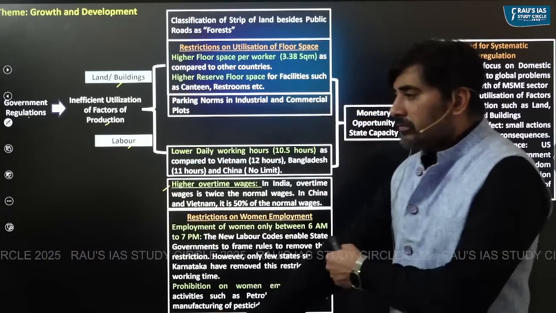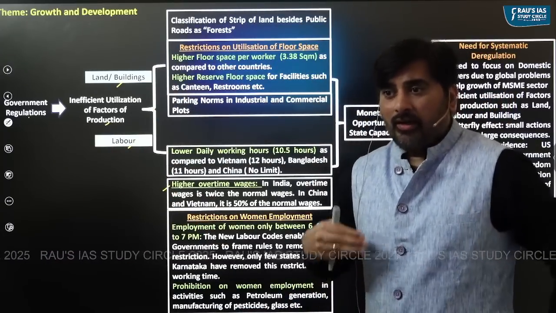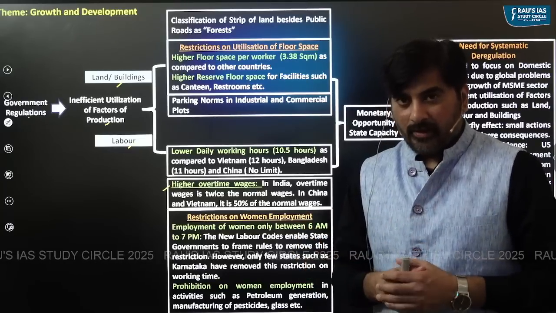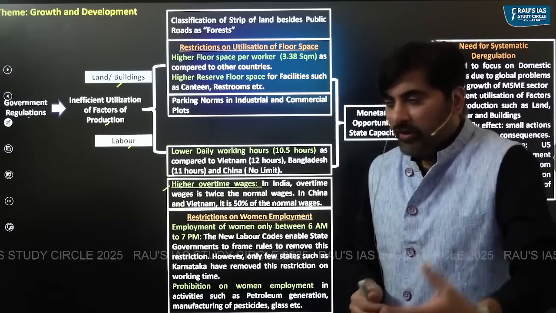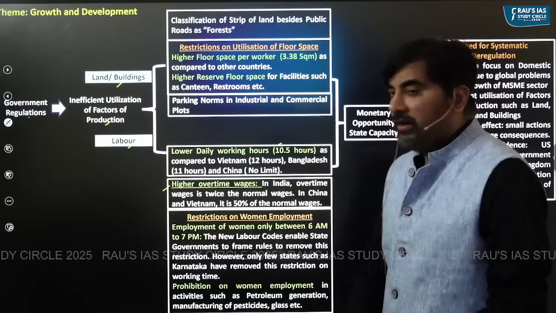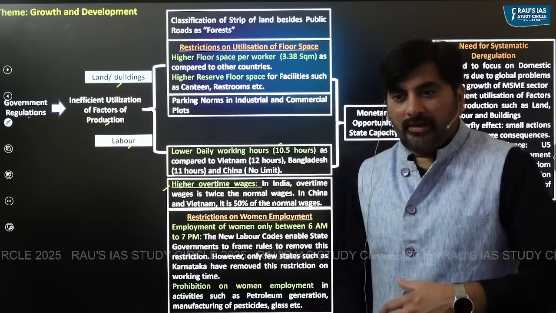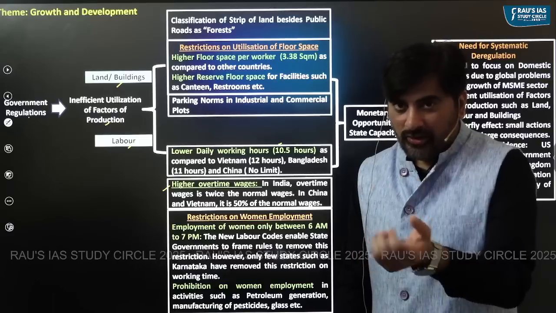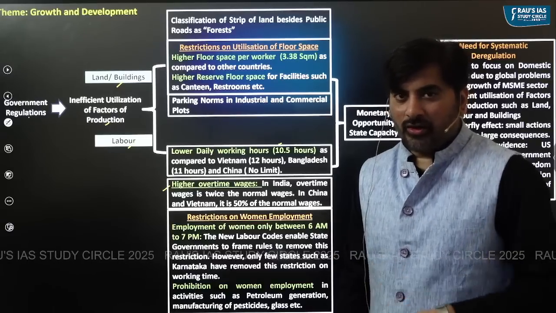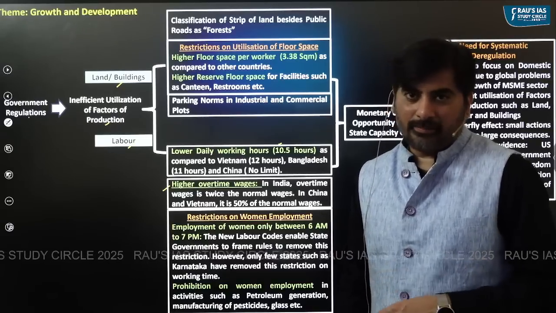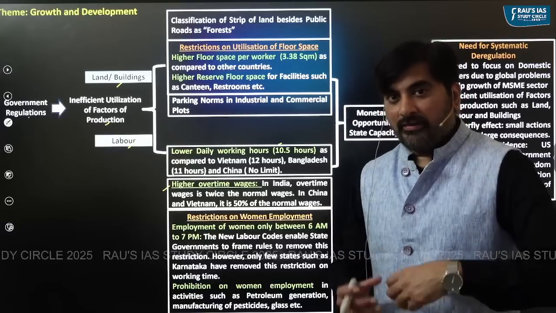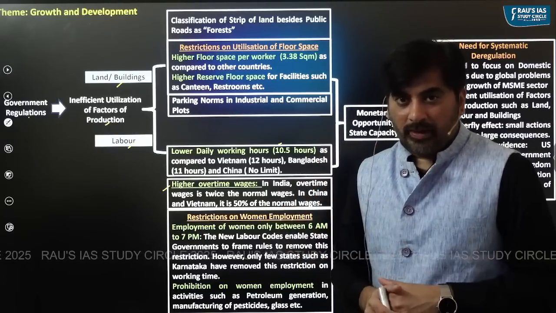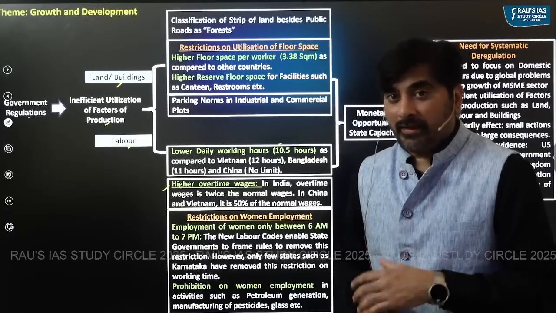Second, in India, we prescribe for higher overtime wages. It means if someone is working beyond 10.5 hours, then they should get overtime wages, which is actually a good intention because labor should not get exploited by the private sector companies. But the problem is the overtime wages that we are asking our companies to pay is unduly higher.